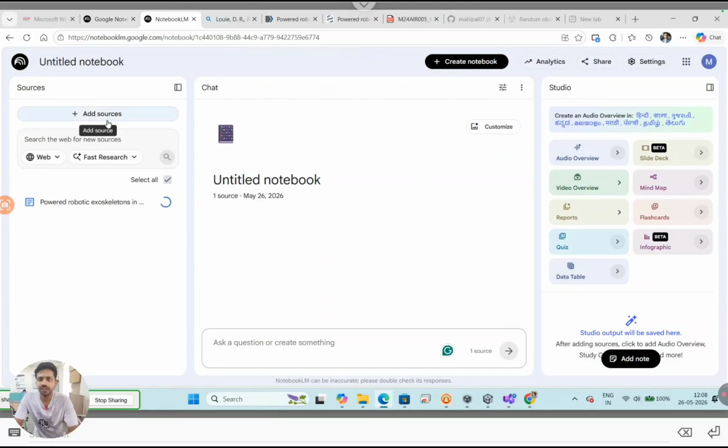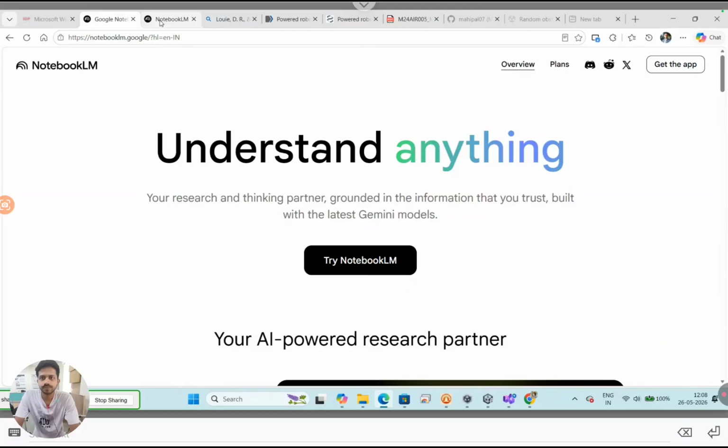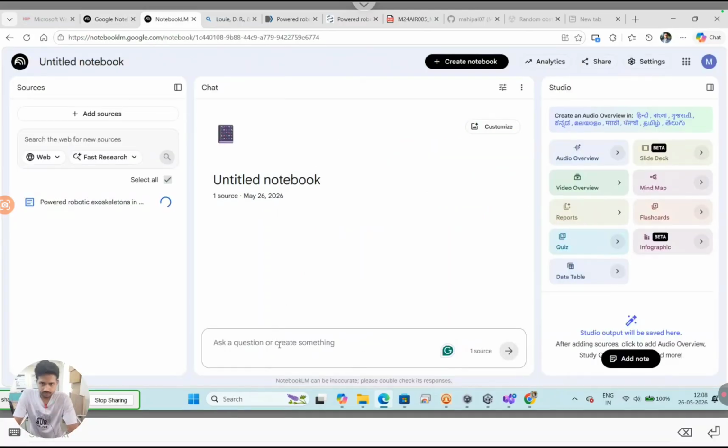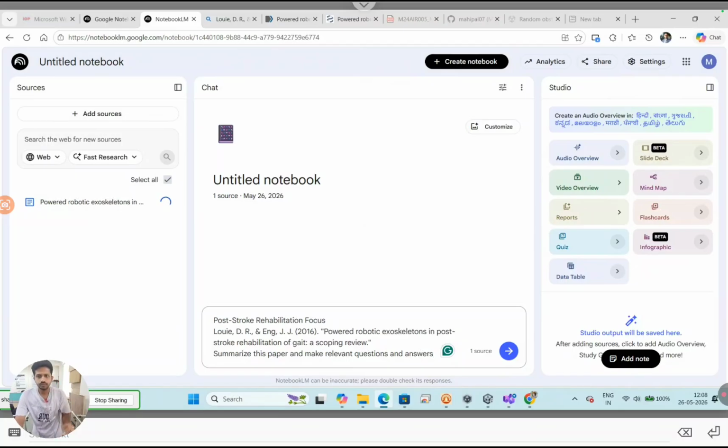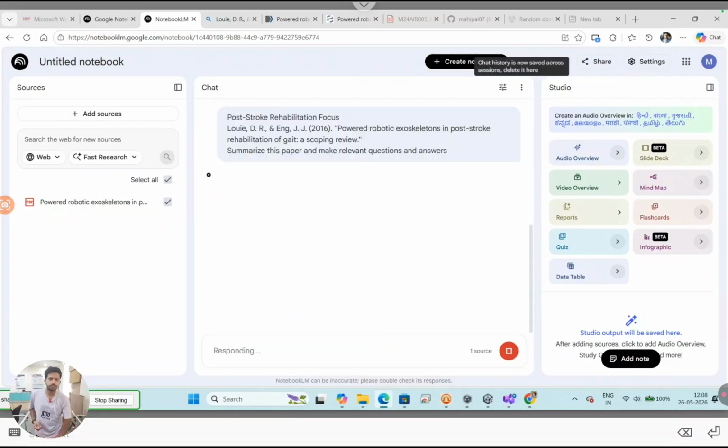Oh, here you can add sources. Yeah, here you can add sources. Okay, fine.